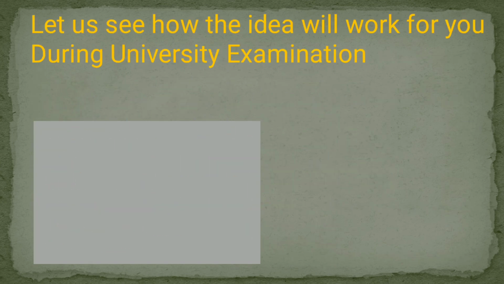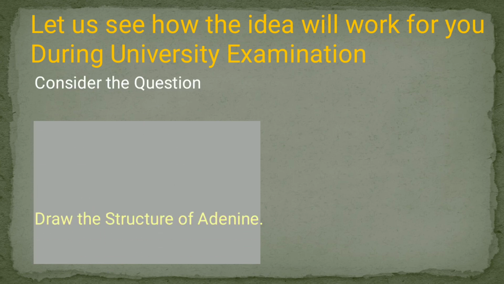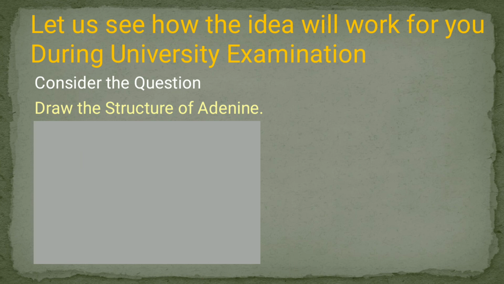Okay, now we are moving into the university examination, that means descriptive examinations. The question appearing normally is, draw the structure of purine, draw the structure of pyrimidine, draw the structure of adenine and so on. So let us consider the question, draw the structure of adenine. Remember APUG, that means adenine belongs to purine.